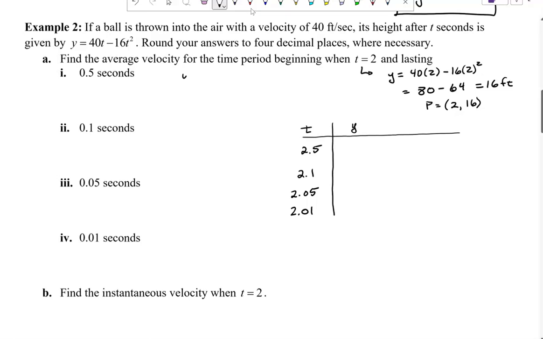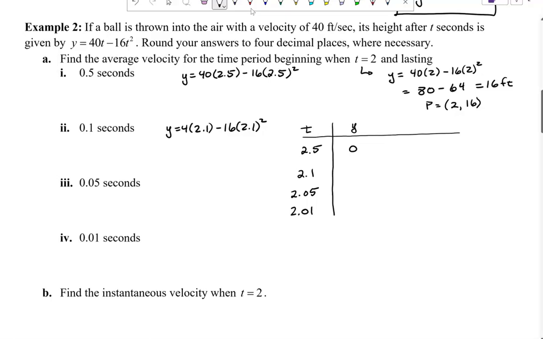For example, y equals 40 times 2.5 minus 16 times 2.5 squared. You can go ahead and pause the video and work this out for yourself. I got 0. And then here we'll get y equals 40 times 2.1 minus 16 times 2.1 squared.